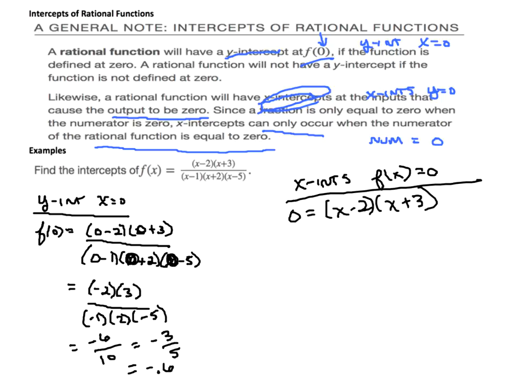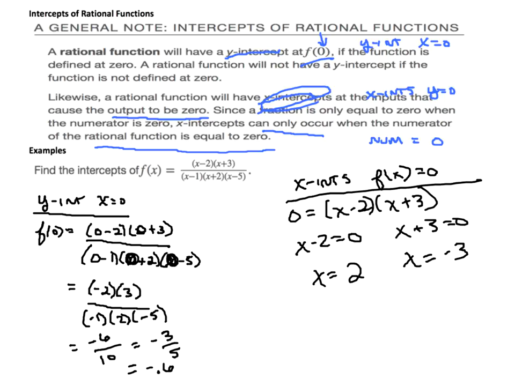So 0 equals x minus 2 times x plus 3. And that happens when x minus 2 equals 0 or x plus 3 equals 0. There's our zero product property. So 2 and negative 3. Those are our x-intercepts for that function.